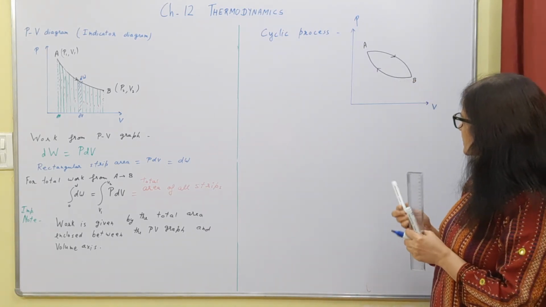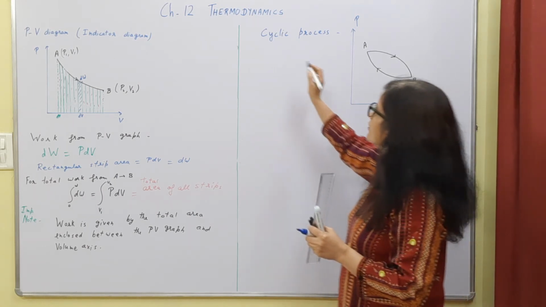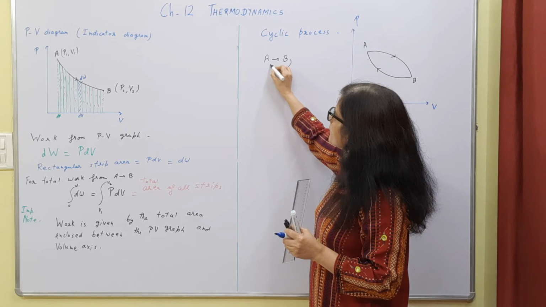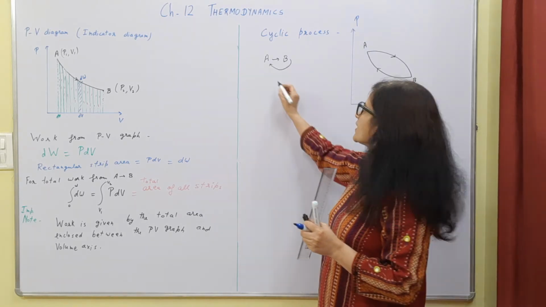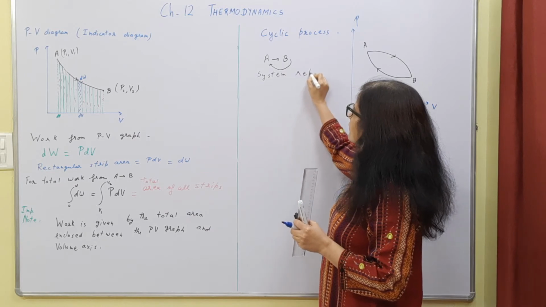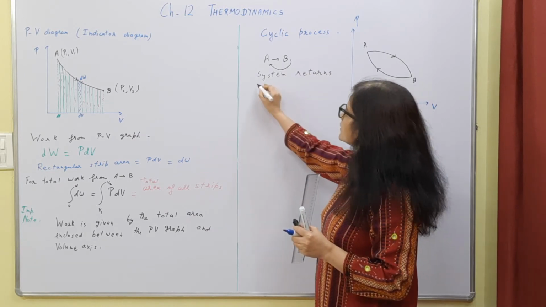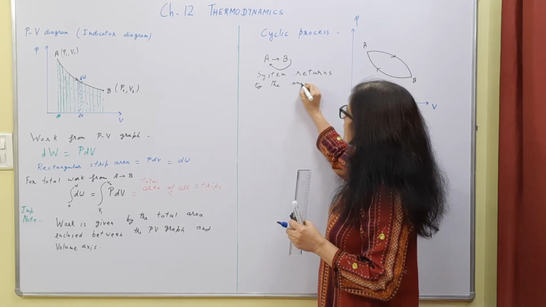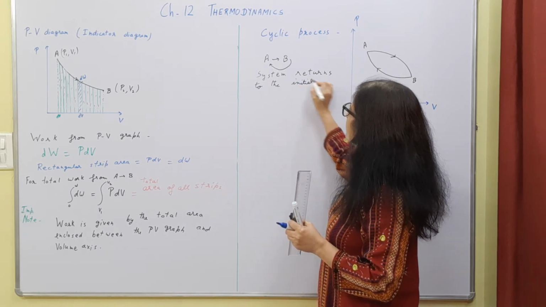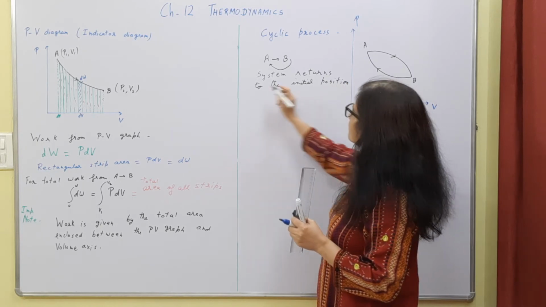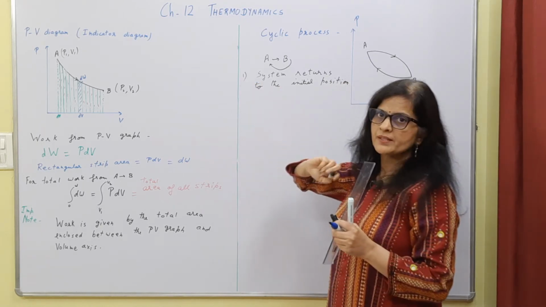So in this case the initial and the final position are the same. So you can say that the system returns to the initial position. This is one point for a cyclic process.